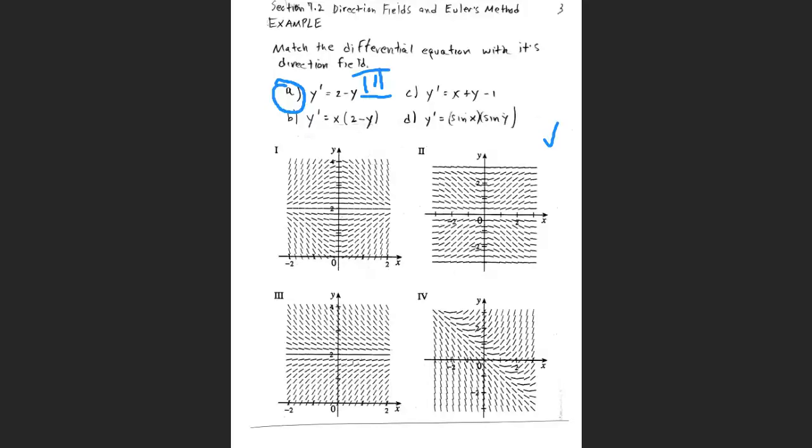Let me go back to the file here. Okay, so here's B. Which of the 3 direction fields?